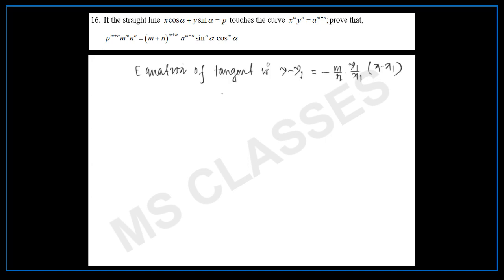Now from this, if we simplify, it is n x1 y minus n x1 y1 minus m x y1 plus m x1 y1. This simplification should give us n x1 y plus m x y1 equal to (m plus n) into x1 y1. This is equation number 4.